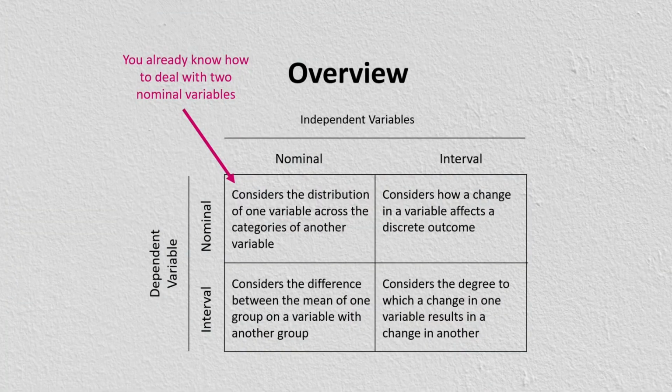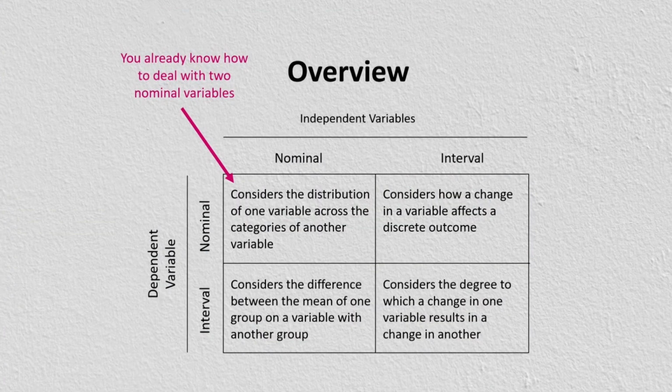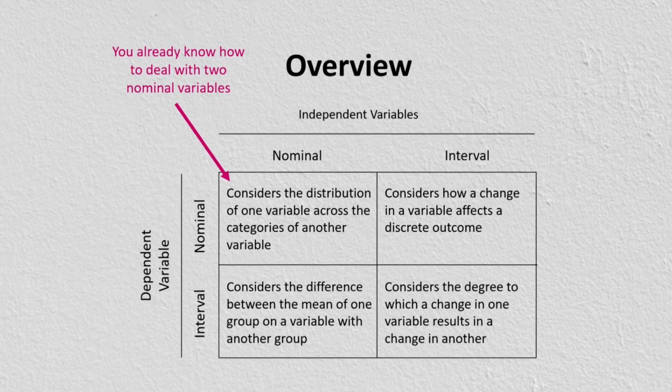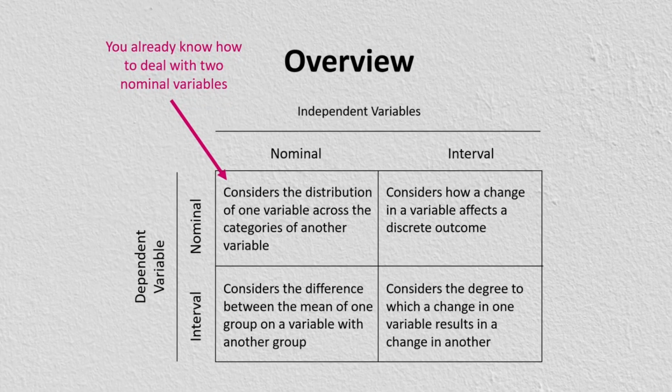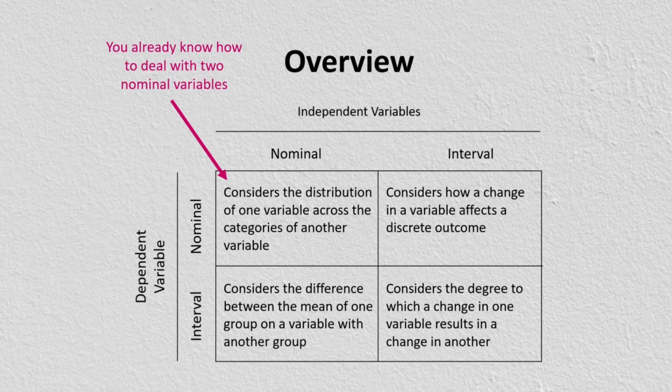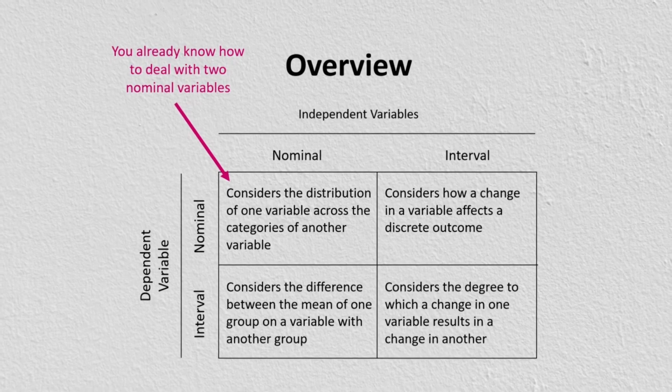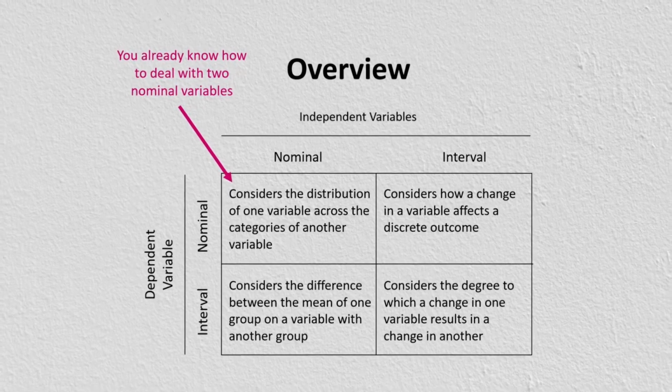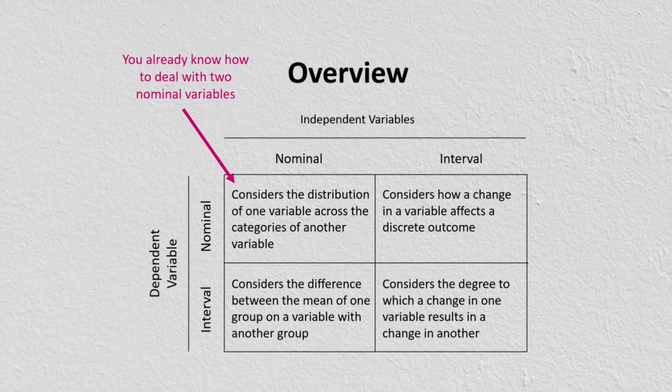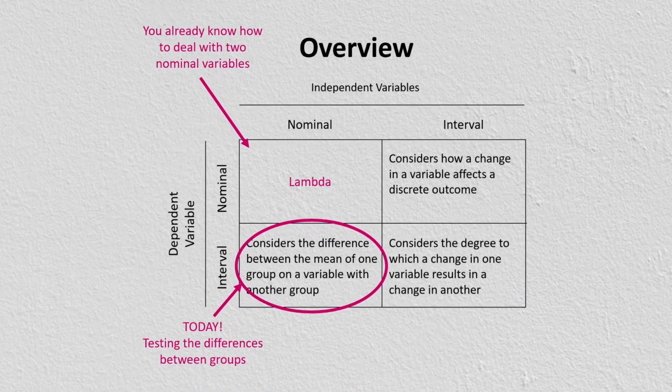At the x-axis we have the independent variable, at the y-axis we have the dependent variable, and we have the matrix which talks about nominal and interval. If the case is nominal, then that considers the distribution of one variable across the categories of another variable, and you will find that we are using a lambda over here.